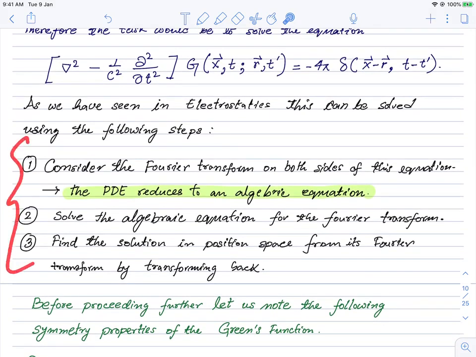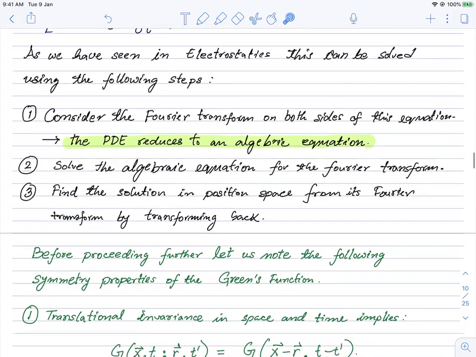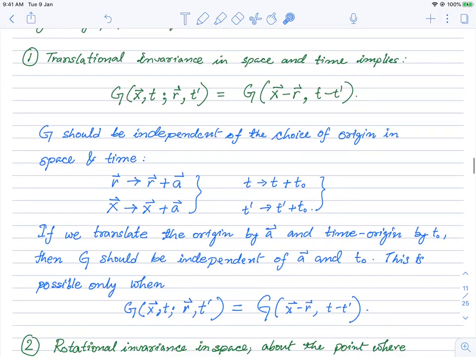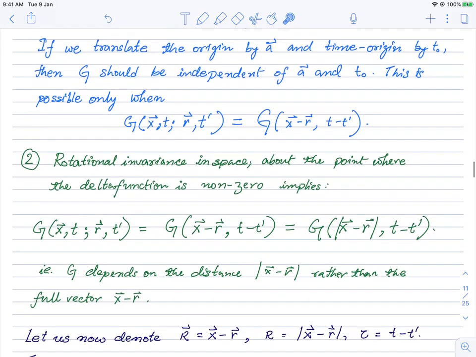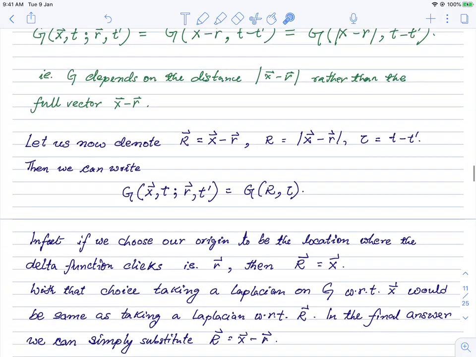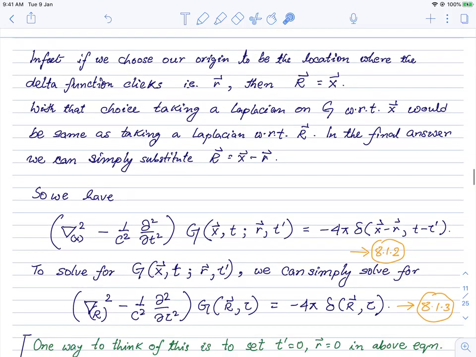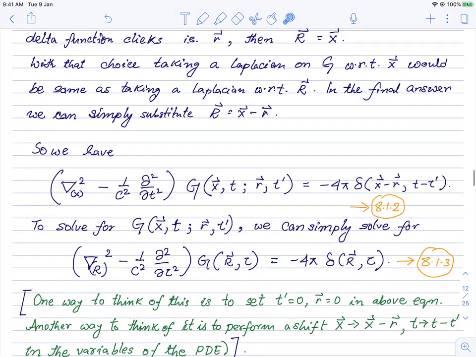If we take the Fourier transform on both sides, then the partial differential equation reduces to an algebraic equation, which we can solve. So we can solve for the Fourier transform of G, and then integrate back to obtain the full solution.